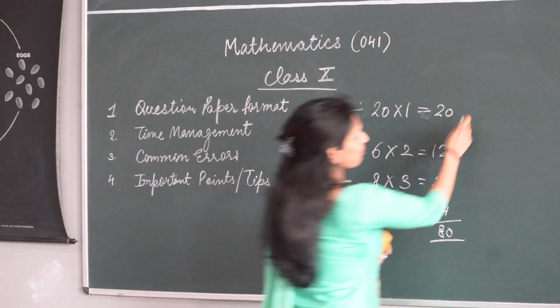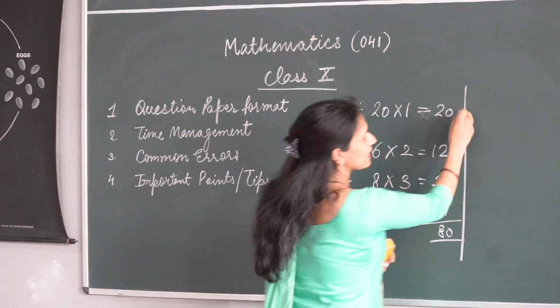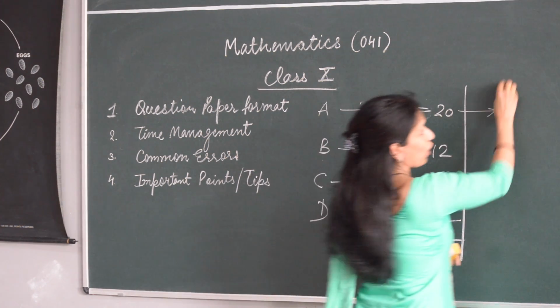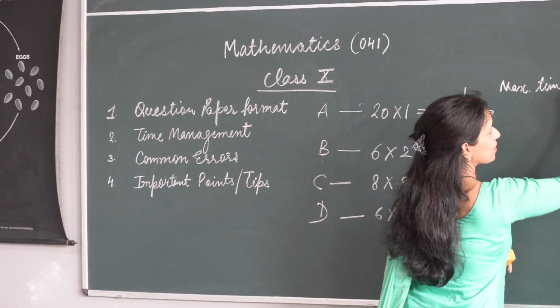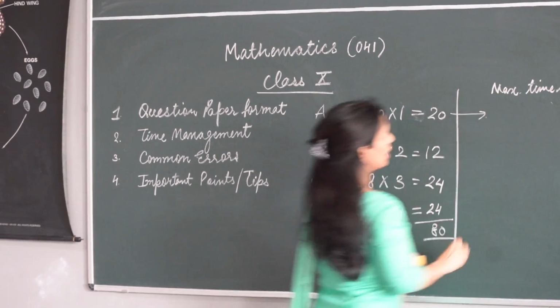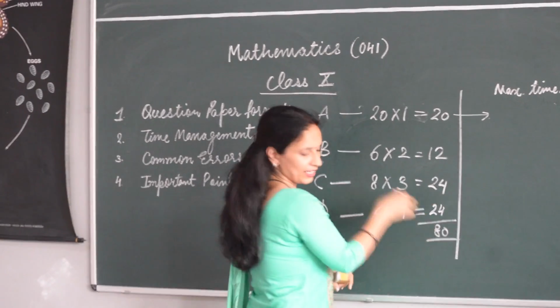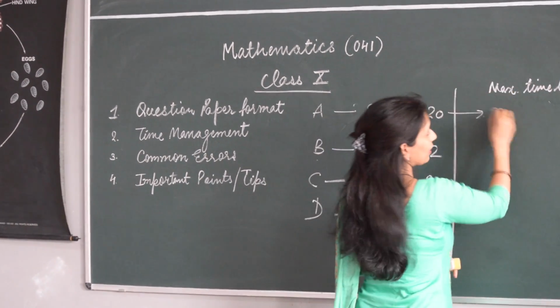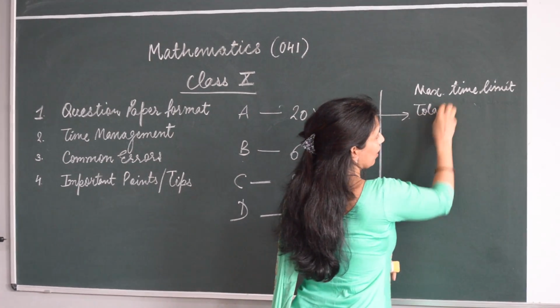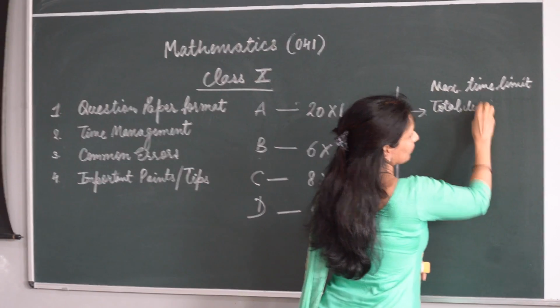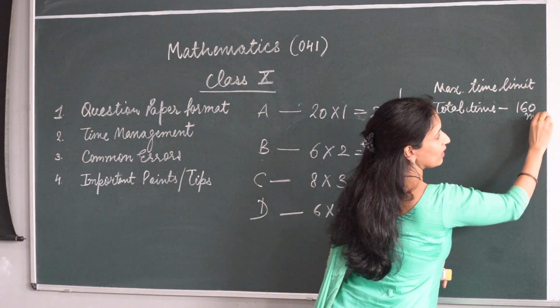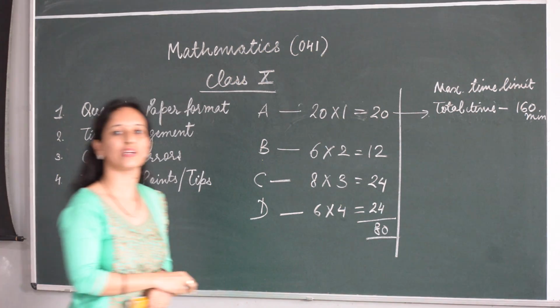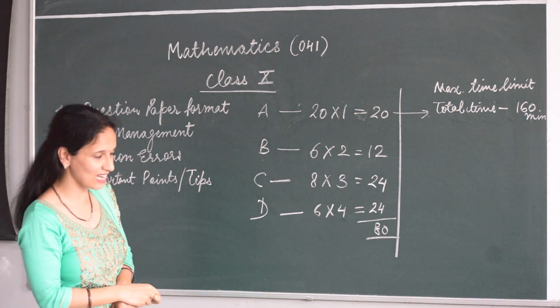I am telling you for each section the maximum time limit which you must keep with you. Since we are getting the 80 marks paper and the total time you are getting to write the paper is 160 minutes only, because we are leaving 20 minutes for the final revision at last.